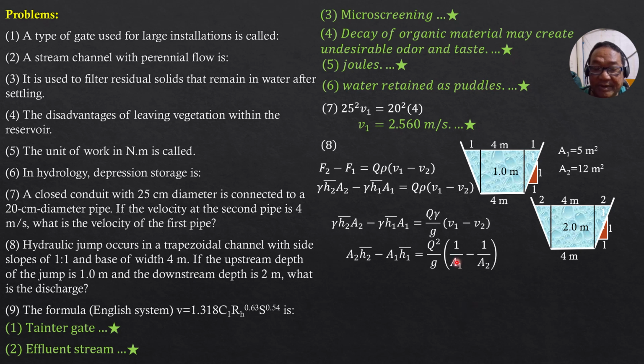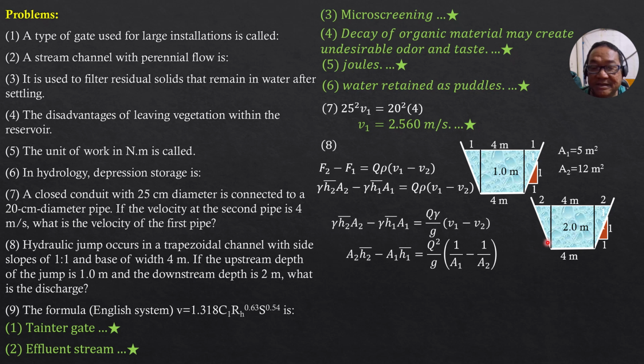So take note that we already calculated areas 1 and 2, and let's evaluate area 2 h-bar 2. Since the cross-section consists of a rectangle and a triangle, we have to split the areas into two parts. One area is 8, 4 times 2, and h-bar 2 is half of 2, which is 1.